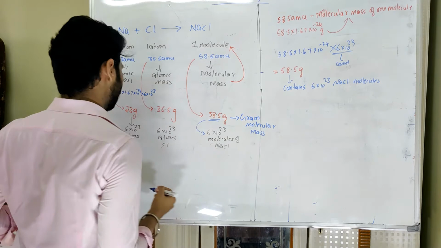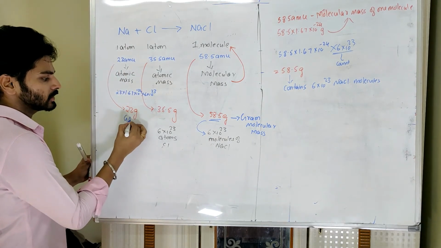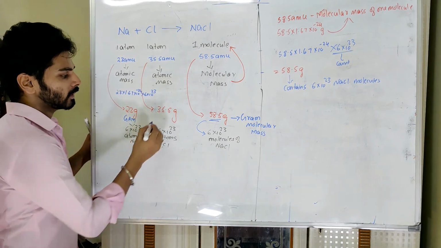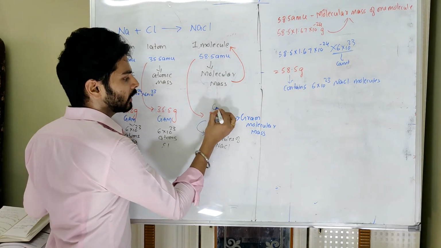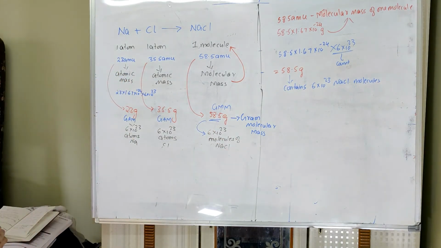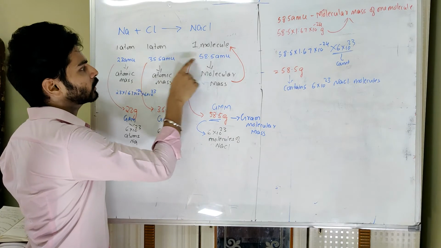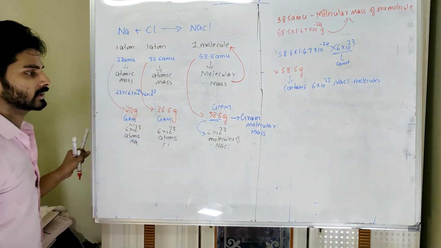And here we know this is called gram atomic mass, shortly called GAM. Here we can say gram molecular mass, GMM. So whenever I say molecular mass or atomic mass in gram, it must contain these many quantities.